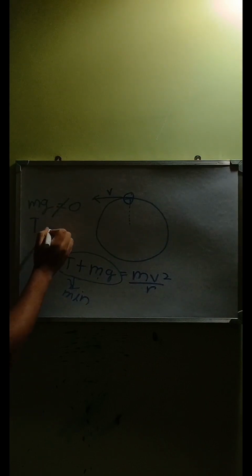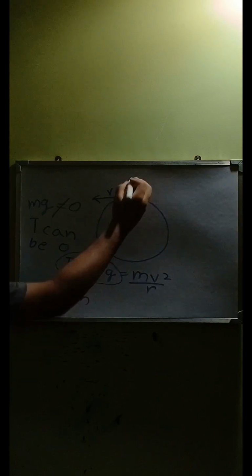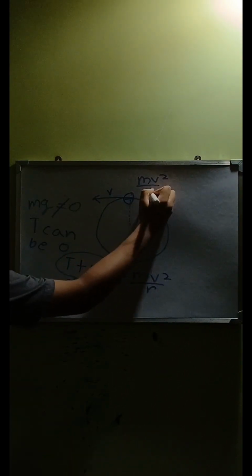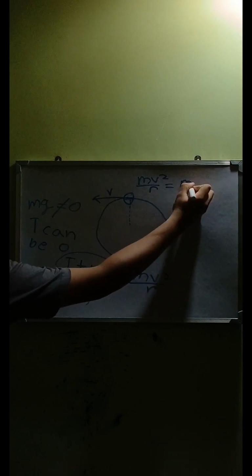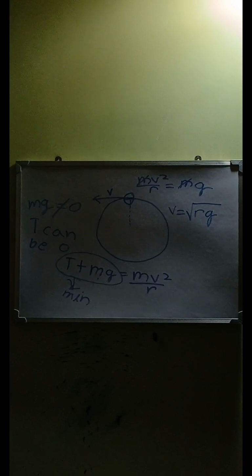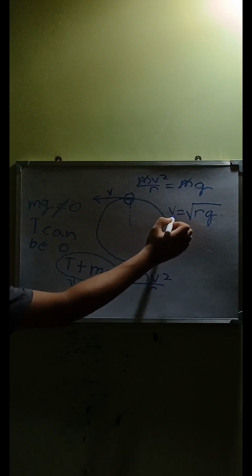But yes, T can be 0. So, for the minimum velocity at the topmost point, the equation is mv squared by r equals mg. On doing the further calculations, we see that v is equal to root over g into r.